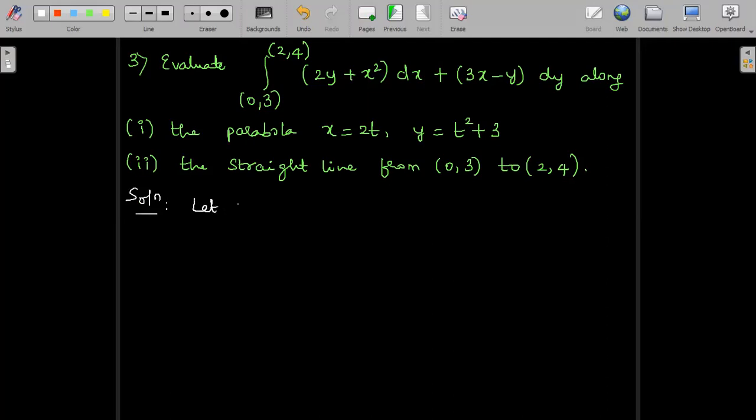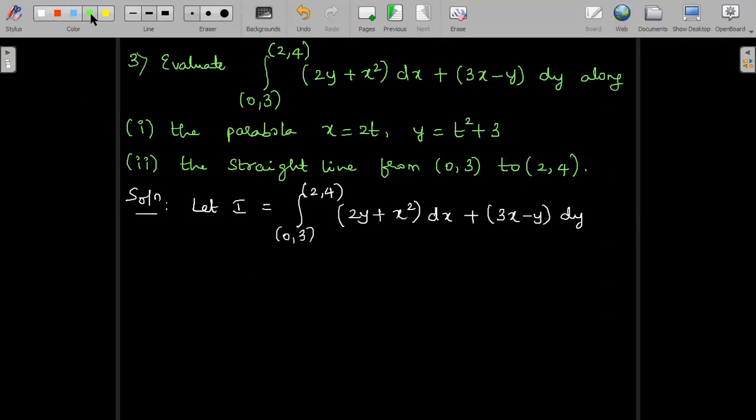Let I be the given integral, denoted by 0, 3 to 2, 4, and the function is 2y plus x square dx plus 3x minus y into dy. Now in the first case, it is given that x is equal to 2t and y is equal to t square plus 3.